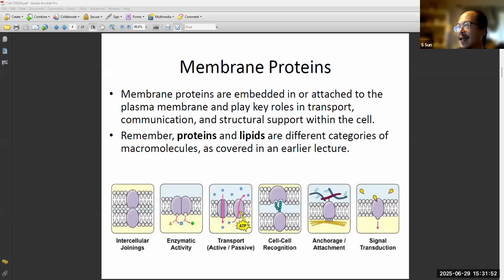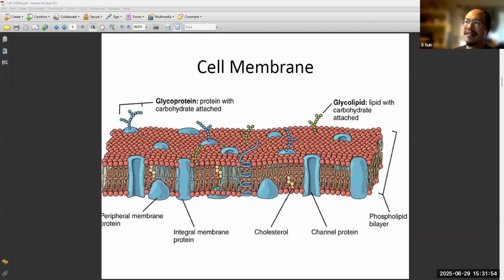Here is another picture showing how busy or how diverse a cell membrane is. The phospholipid is the primary part, but in addition to phospholipid, you also have protein. Proteins can form something that looks like a channel, so it's not completely blocked.